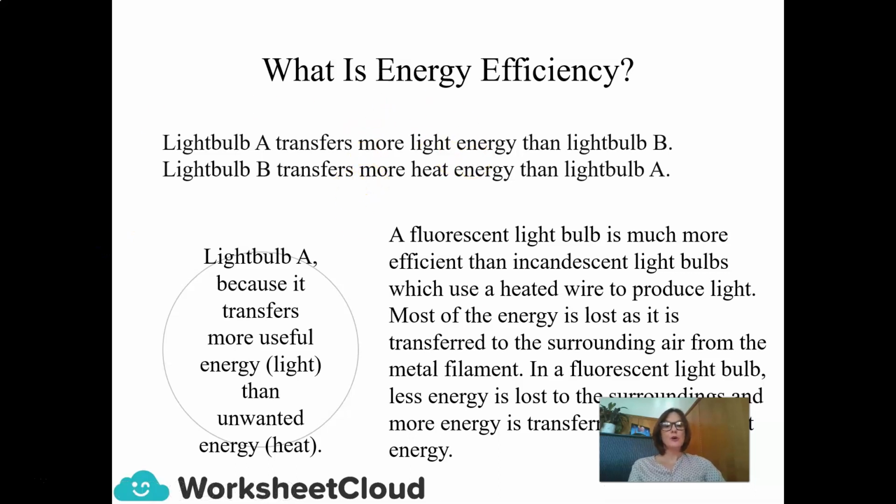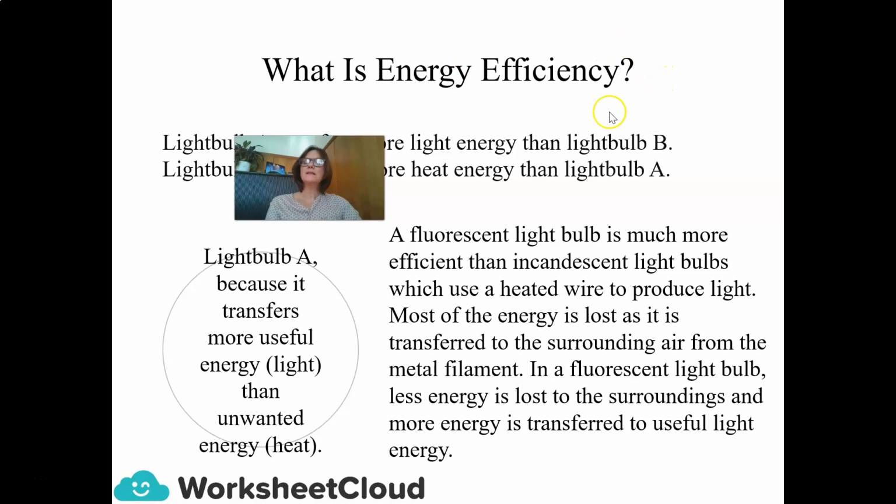So a fluorescent light bulb is much more efficient than an incandescent light bulb. You learned about these light bulbs in Grade 6 in electricity. An incandescent light bulb uses a heated wire to produce light, and most of that energy is lost as it is transferred to the surrounding air from the metal filament.